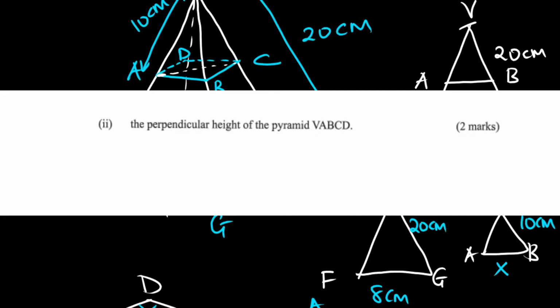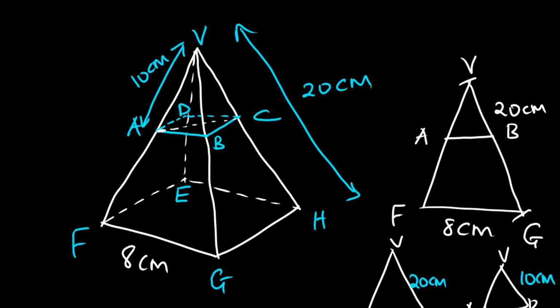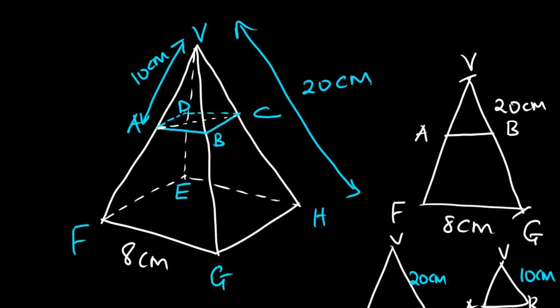It says that calculate, correct to 2 decimal places, the perpendicular height of the pyramid VABCD. The perpendicular height. So what do we mean by the perpendicular height? Just look at this diagonal AC that we have gotten the length of.